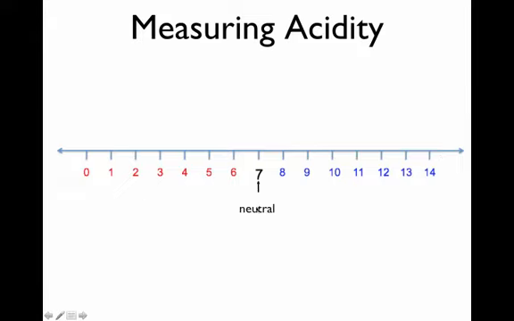So there's neutral. And the idea is that as you travel toward lower and lower numbers, the concentration, or the amount, of H3O plus in your liquid increases, which means that your solution becomes more acidic and the pH becomes lower and lower. And the amount of OH minus in your liquid actually gets smaller and smaller.